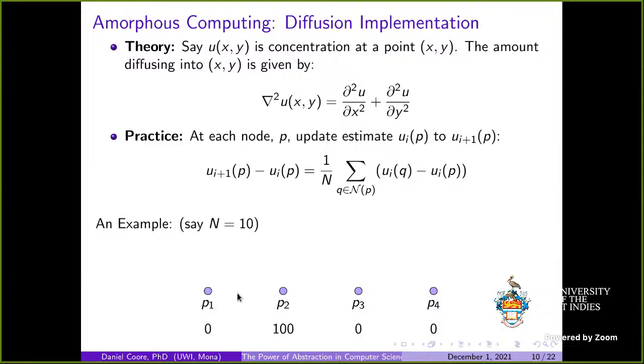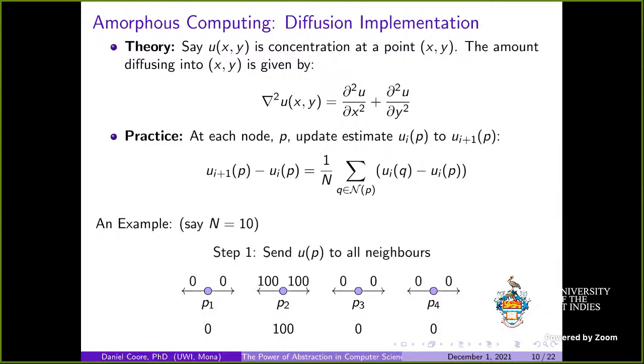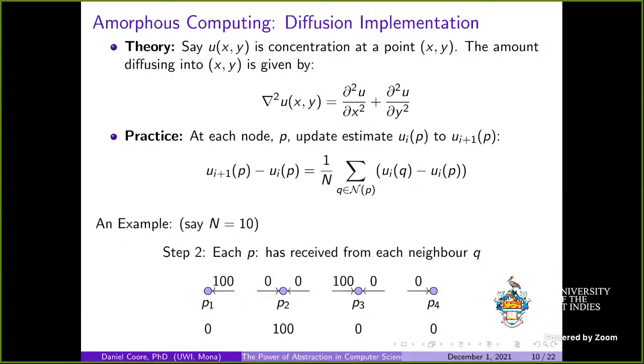As I go through, I'm going to illustrate what this computation does. Each node sends out how much they currently have as their estimate, and of course the neighbors receive that. You can see here, P2 is receiving 0 from its neighbors, while P3 and P1 are receiving 100. That indicates to them that their neighbor P2 has 100 of this stuff.